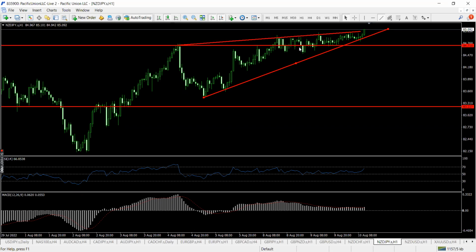So if price is able to break the trend line downwards, then we should expect some strong bearish movement on this instrument. Once we're able to have a breakout below like this, breaking out of the trend line, then we should see a continuous bearish movement on the New Zealand JPY. So we're bearish bias on the New Zealand JPY.